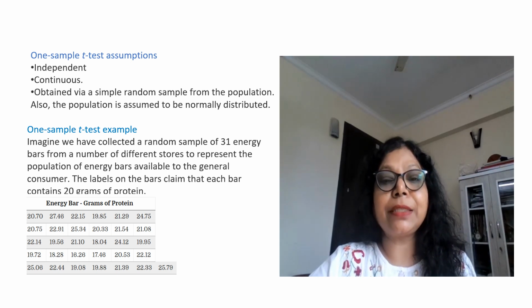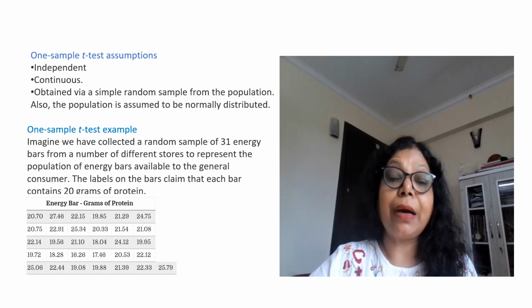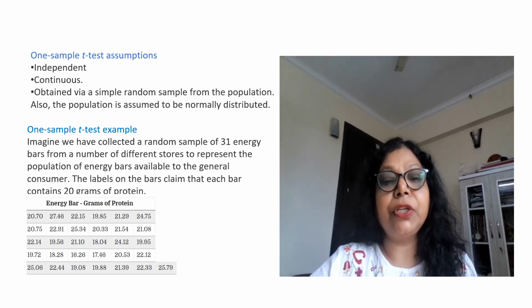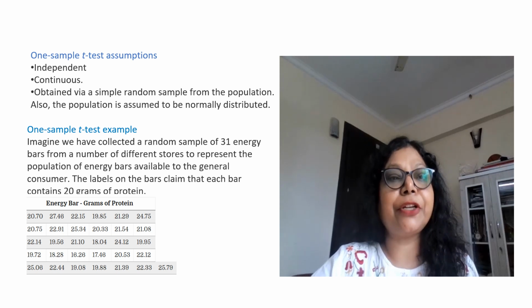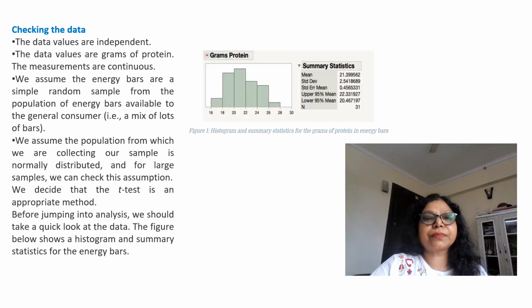If we look at this table, we can see that some bars have less than 20 grams of protein while others have more. So we might think that the data support the idea that the labels are correct, but others might disagree. The statistical test provides a sound method to make a decision, so that everyone makes the same decision on the same set of data values.